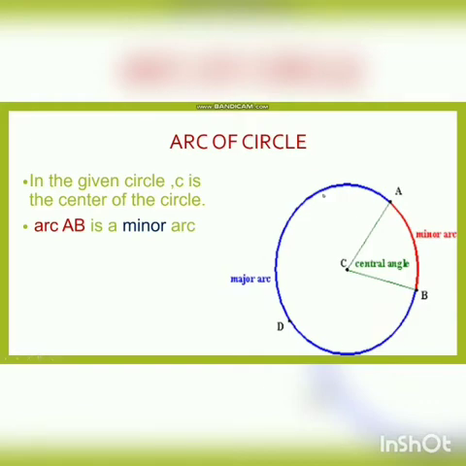You get two parts, a bigger part and a smaller part. This part is called an arc of a circle. In this figure, AB is a minor arc, because this is the minor part, and ADB is called the major arc.